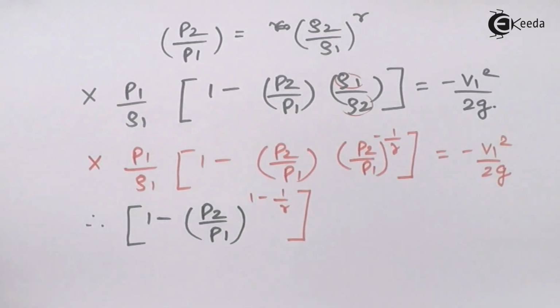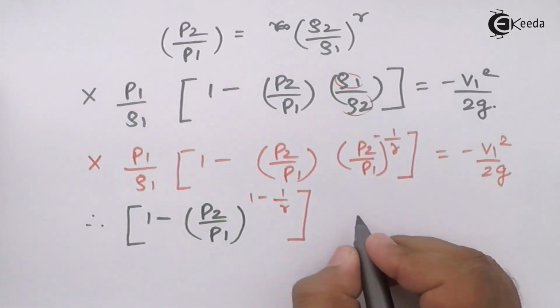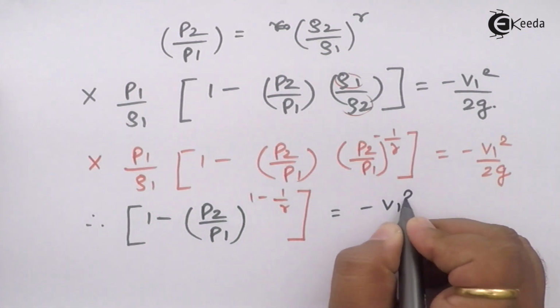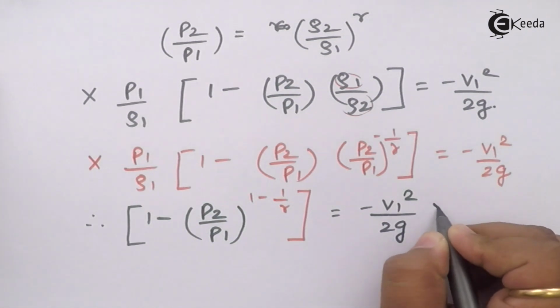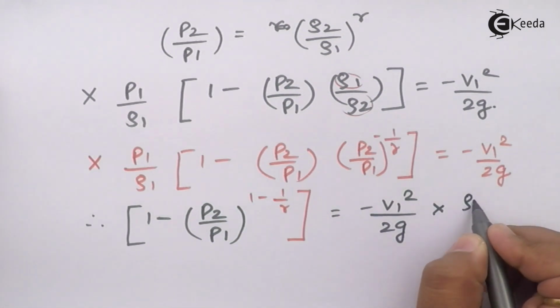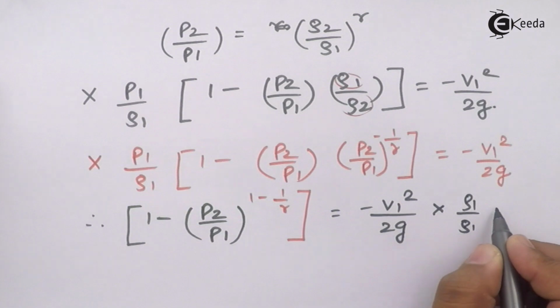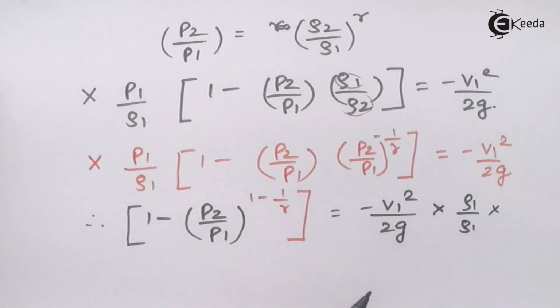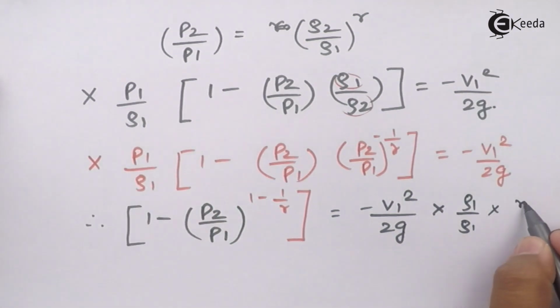And when we go on the other side, we get this as equal to minus V1 square by 2g into rho 1 by rho 2 into the value of x, which is gamma minus 1 upon gamma.